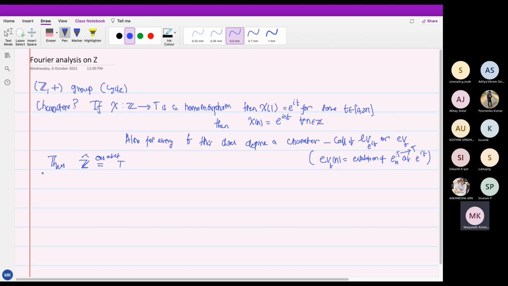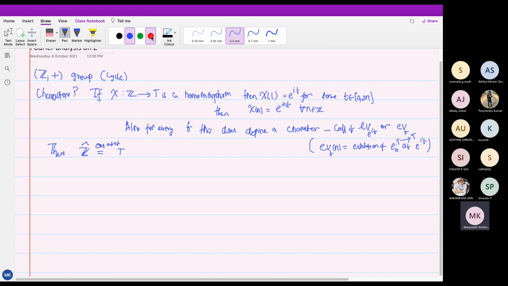So how would you define the Fourier transform of functions on Z? One of the things to notice is that these characters are not orthonormal.